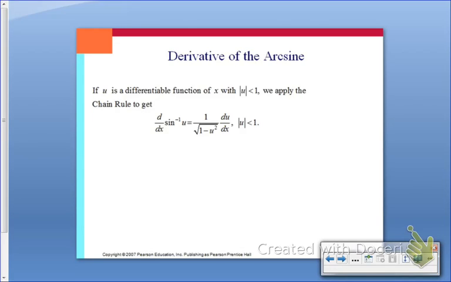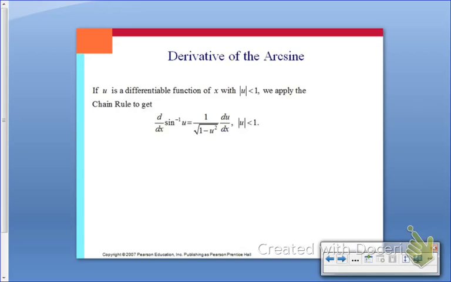So instead of using x, this might be something you might want to look at on your memorization sheet. Instead of using x, we oftentimes will use a u if the problem is going to involve the chain rule, because we know that if it's other than an x, we're going to have a quantity to solve for. So this is a little different than what you see on your memorization sheets.